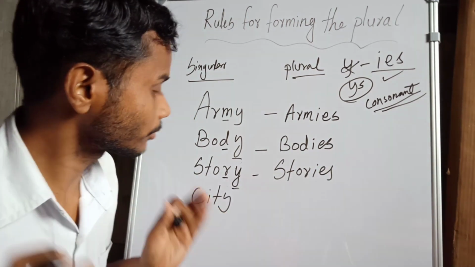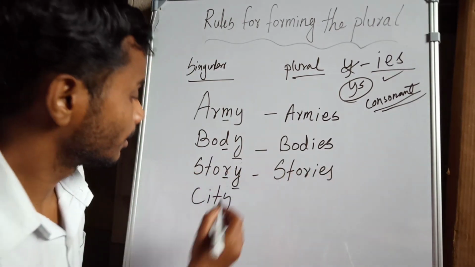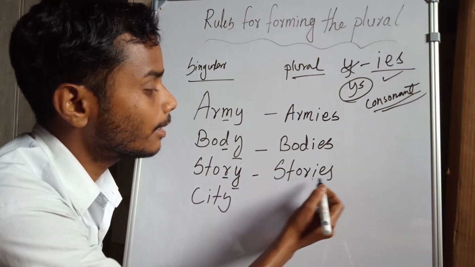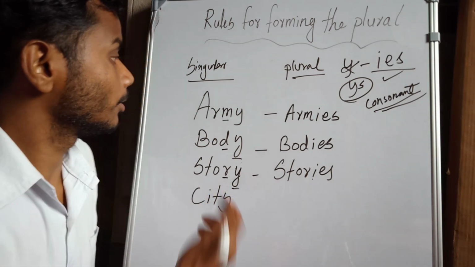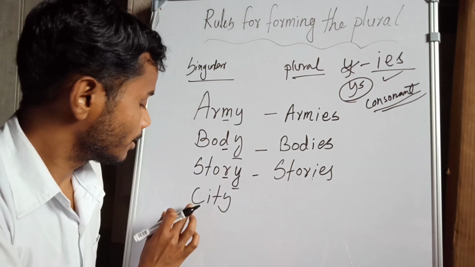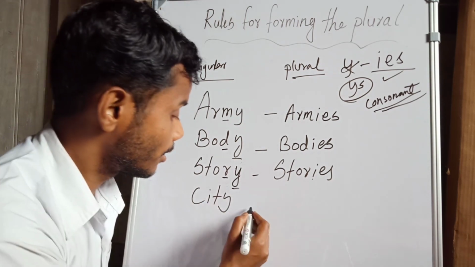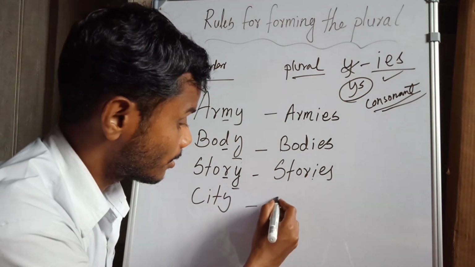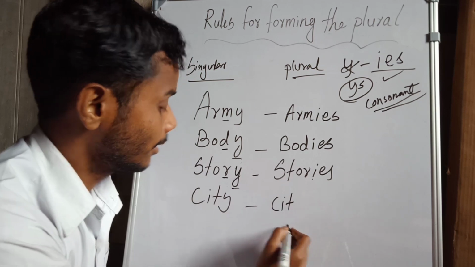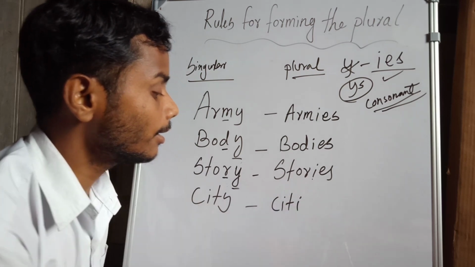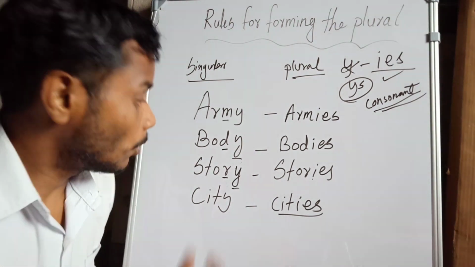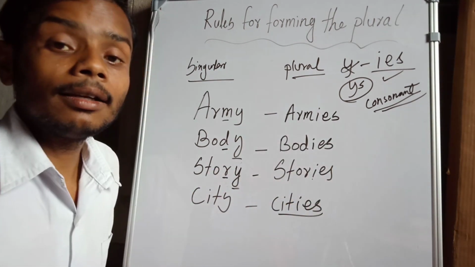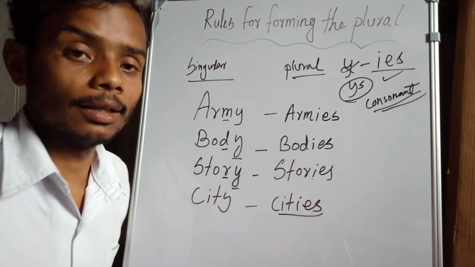Very easy. Story, IES. Y के जगह में I लिखेंगे, ES ऐड करेंगे, stories, plural बन जाएगा. Okay, city, CITY. Simple, very easy. CIT, Y की जगह पे आप I लिखेंगे, उसके बाद ES, cities. So this way you can make plural.